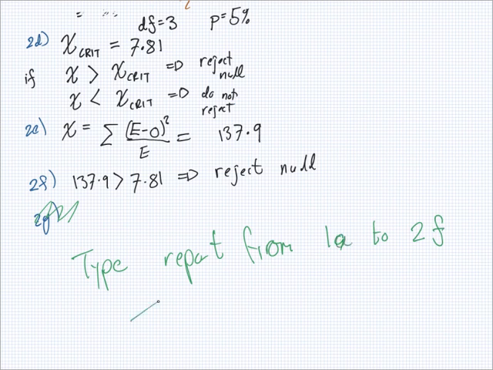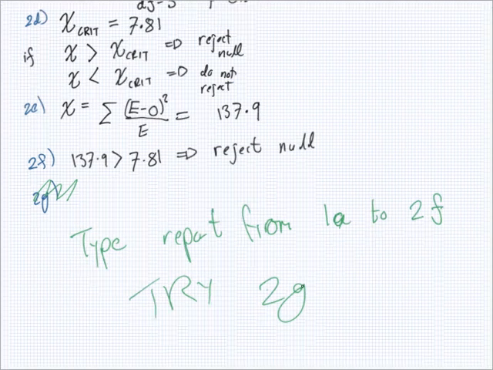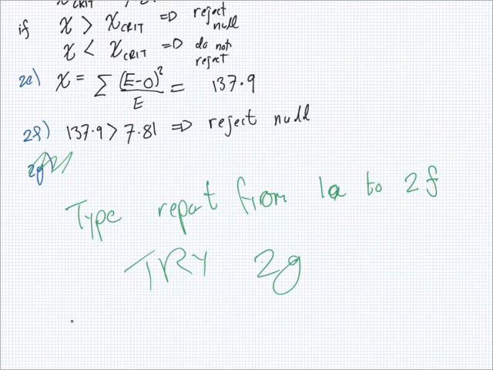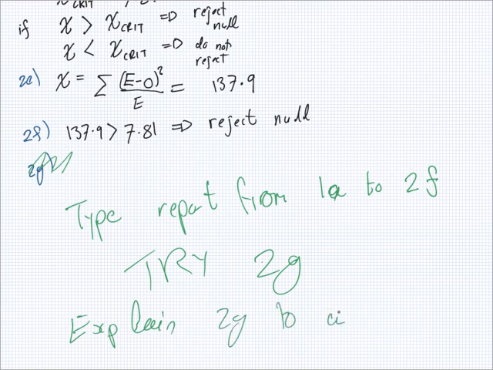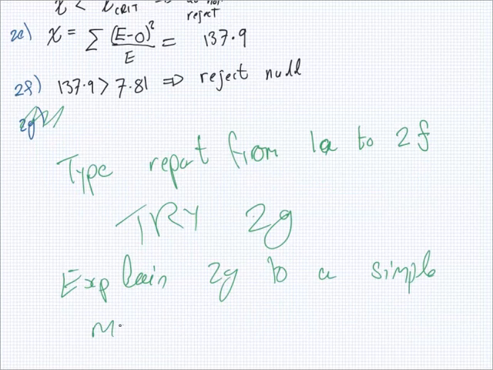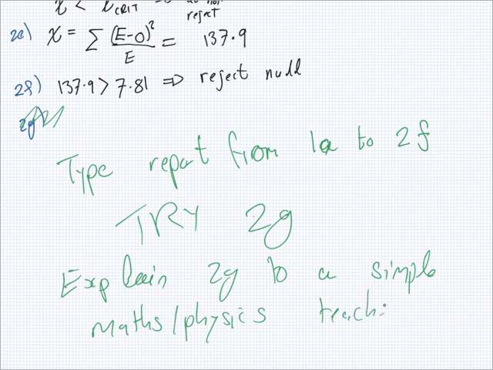And then I want you to try 2G, and be able to explain 2G to a simple maths or physics teacher. So you should be able to explain to me next time exactly what recombinant and non-recombinant is, okay?